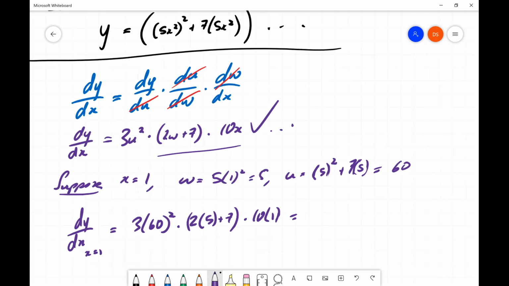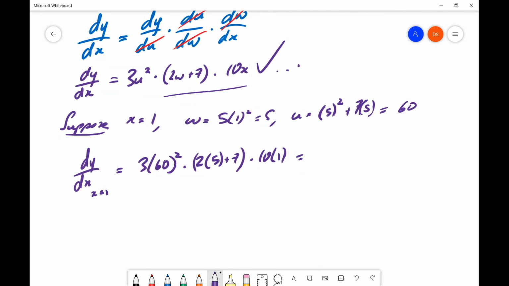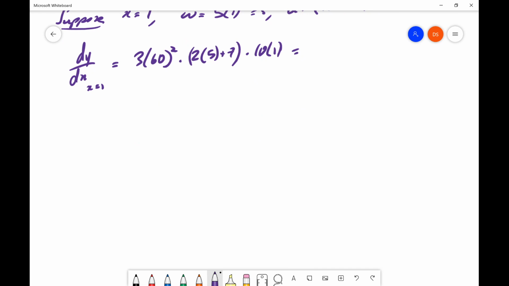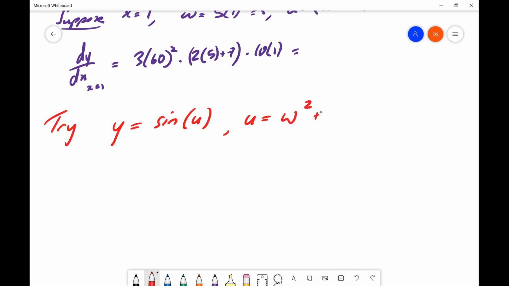Can we do some more examples of that? Yes, of course we can. I think, let's try this. I'm going to leave this for you to try. Okay, but this time I'm going to make the functions a little bit more interesting. I'll make y equal to sine of u, u is equal to w squared plus 4w.